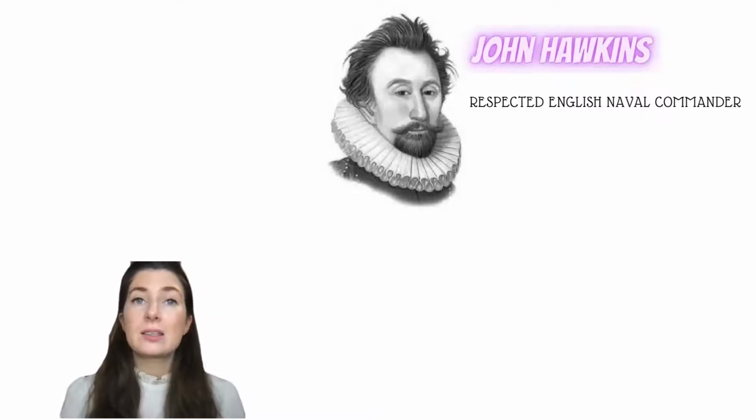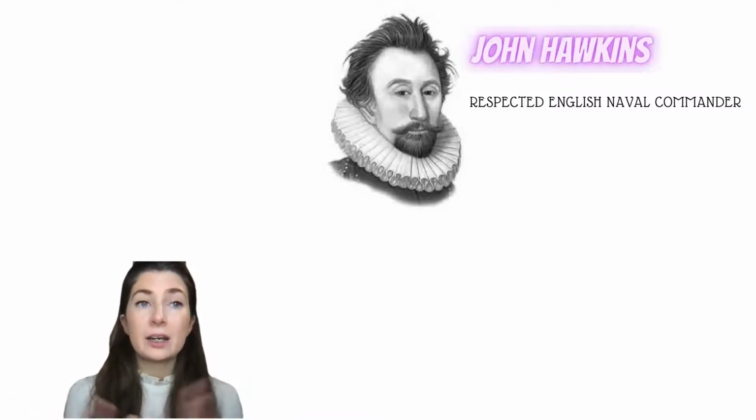A privateer is someone who essentially does exactly the same thing, but they have been given permission by the monarch to do so. So Elizabeth actually very much allowed these men to privateer, attack, steal gold from Spanish ships, and bring that money back to England, as long as they then shared the profits with her.